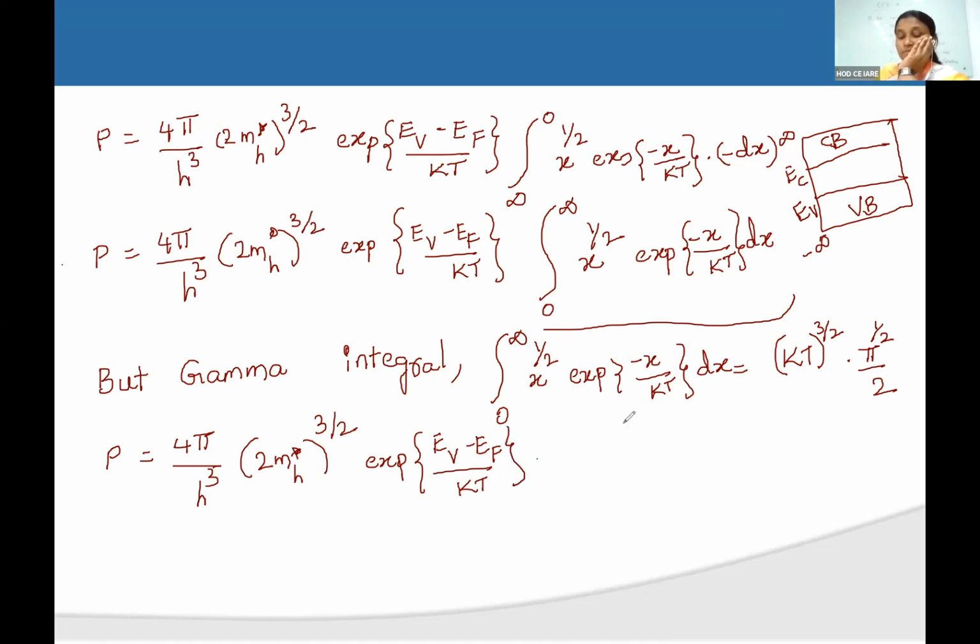In place of the integral, we have to substitute (KT) whole to the power of 3 by 2 into pi to the power of half by 2.